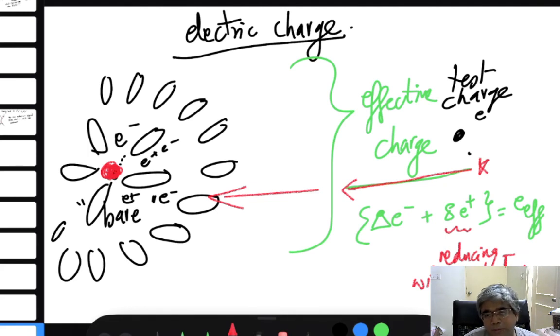Okay, all this sounds very nice and good. Is it actually measured? Meaning, is it what actually happens in experiments?